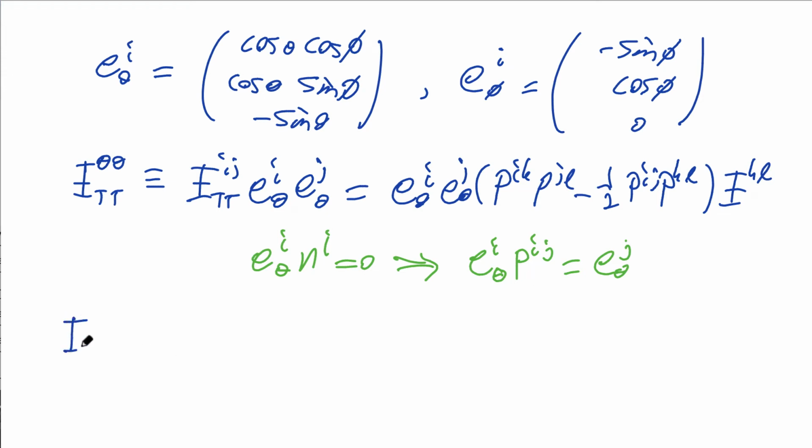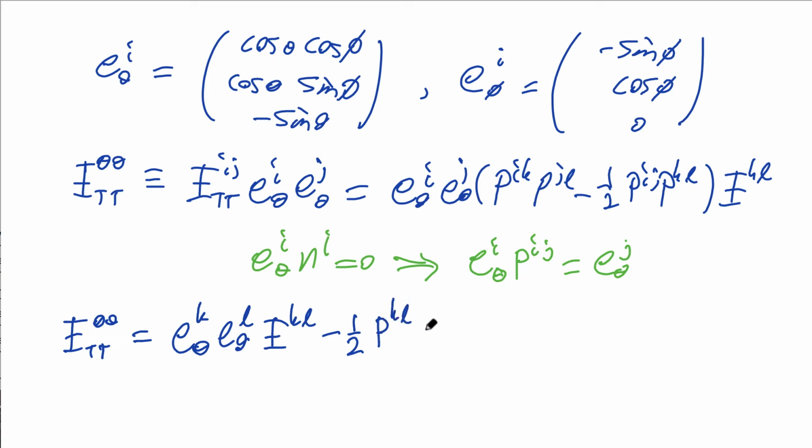So I bar TT theta theta becomes, from this first term, e theta k e theta l I bar kl, and from the second term we have minus 1/2. e theta dotted with e theta just gives a factor of 1, and we're left with P_kl I bar kl.